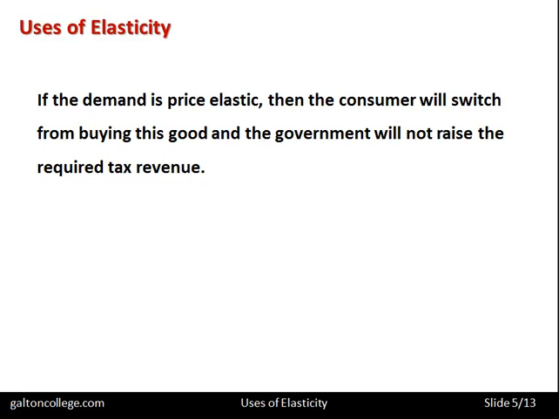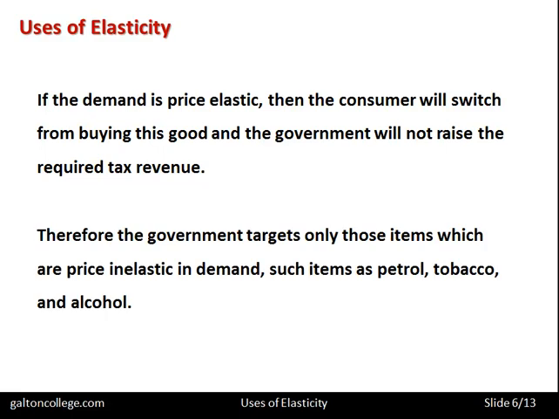So the government needs to select items that are in inelastic demand, that the customers will continue to buy despite the increase in taxation. Therefore, the government targets only those items which are price inelastic in demand, such as petrol and tobacco and alcohol. So if the government increases the price of petrol by 2p a litre, people still buy the petrol.